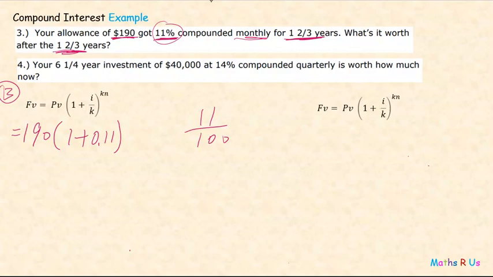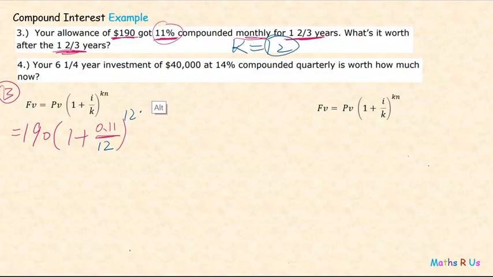And what is your k? Because that's monthly, the k will equal 12 because there are 12 months in a year. So that's why it's over k, which is 12, to the power k times n. N is how long in years. In the question, that's 1 and 2 over 3. 1 and 2 over 3 is 5 over 3, and we times 12.